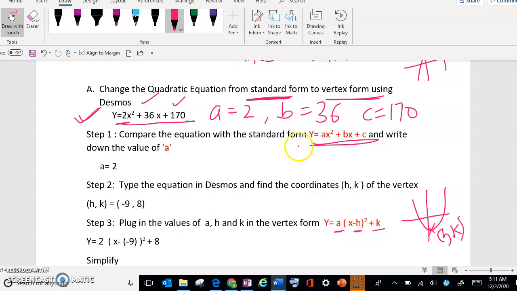So let's put this equation in Desmos and find out the h and k of this equation, and then we come back here to plug those h and k into the vertex form, and we will get our vertex form. So let's go to Desmos and type in y is equal to 2x square plus 36x plus 170.